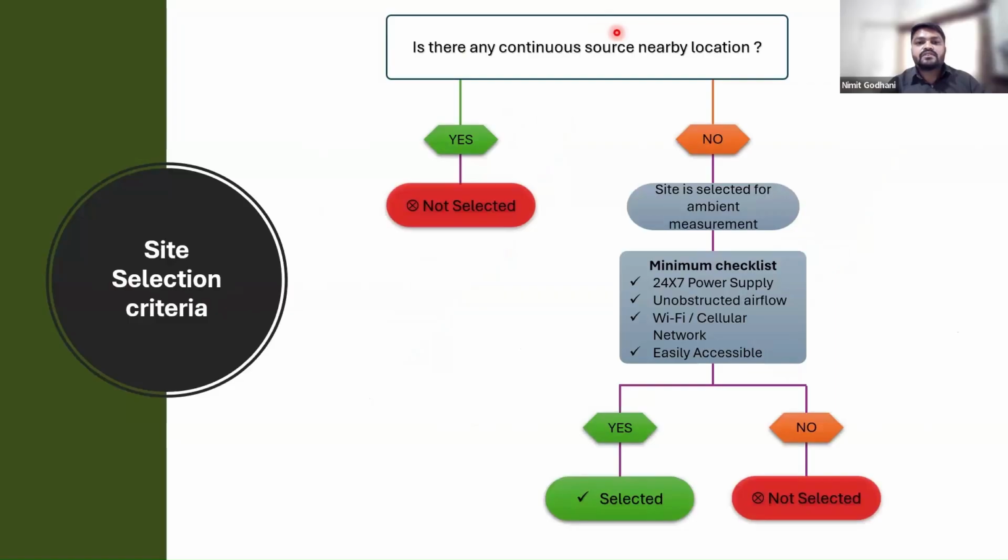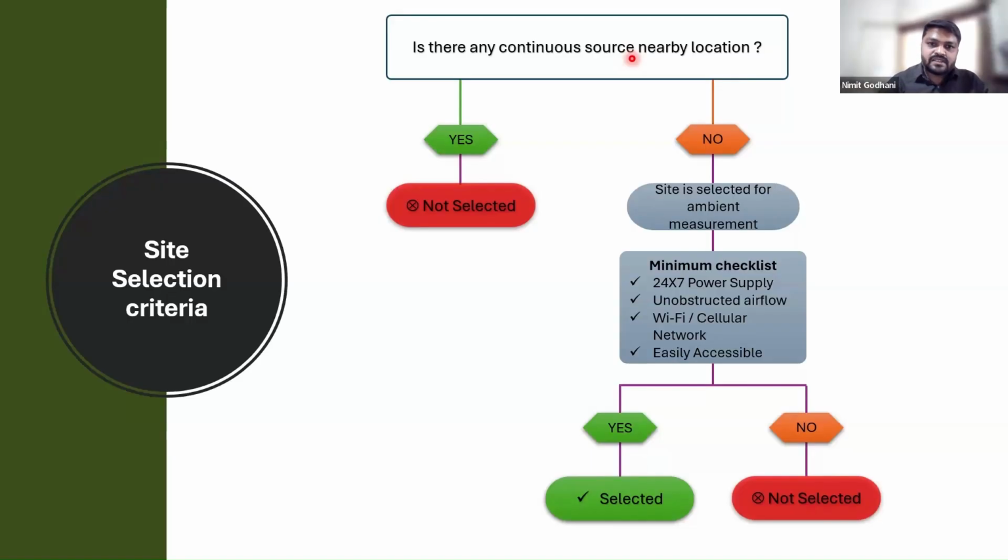There are some site selection criteria for how to choose the site, where to place the sensor and where not to. The first condition is: is there any continuous source nearby, like industry? This is only for ambient environment measurement of PM concentrations.